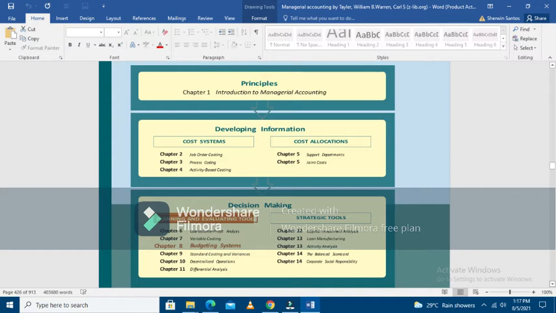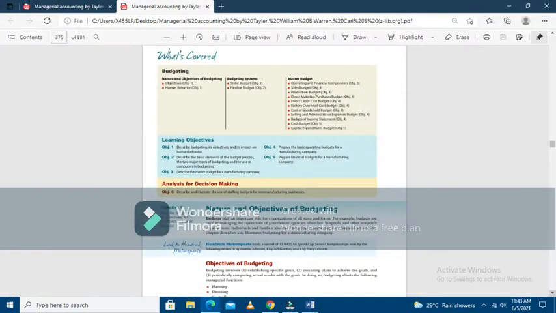Maybe in the coming years we will have a prescribed textbook as mandated by the CHED memorandum order. So we'll look at the budgeting systems. The electronic copy of the ebook will be posted in our Google Classroom.